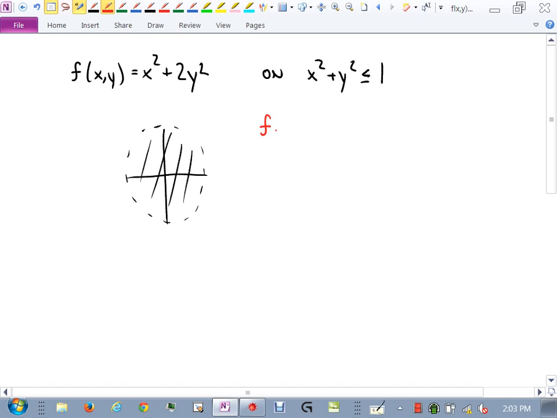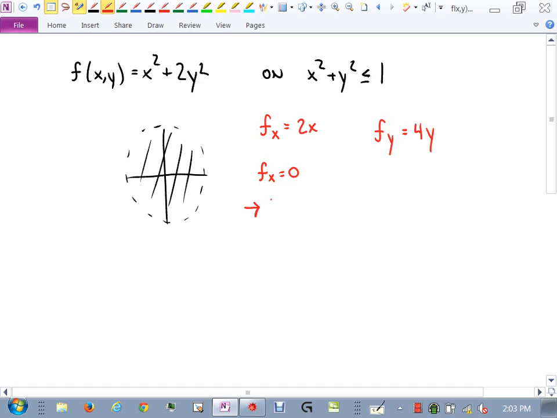Well, we got the partials, right? Partial with respect to x, partial with respect to y. Partial with respect to x is 2x. Partial with respect to y is 4y. And then we set those both equal to 0, didn't we? So when is a partial with respect to x equal to 0?